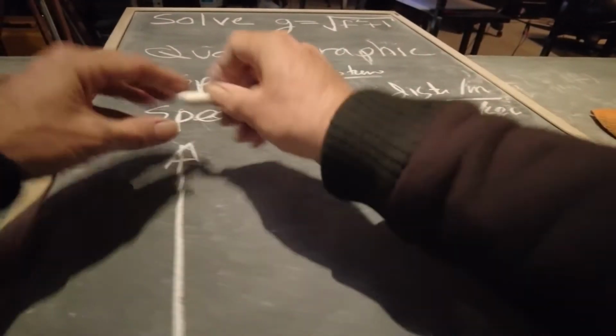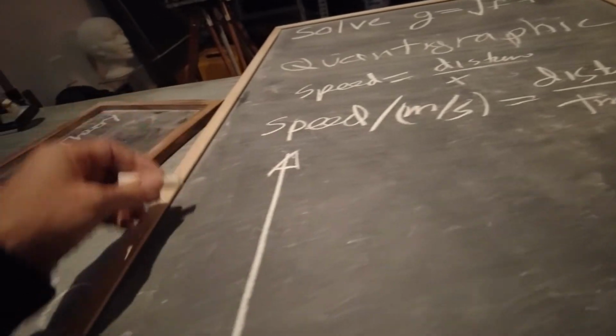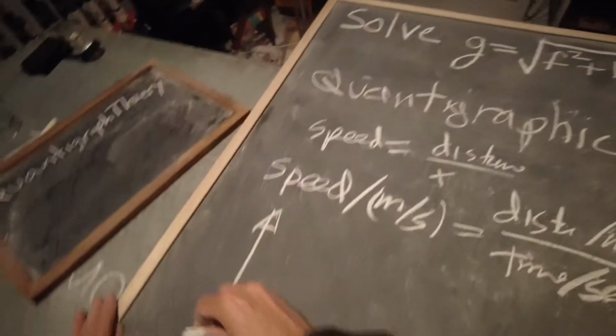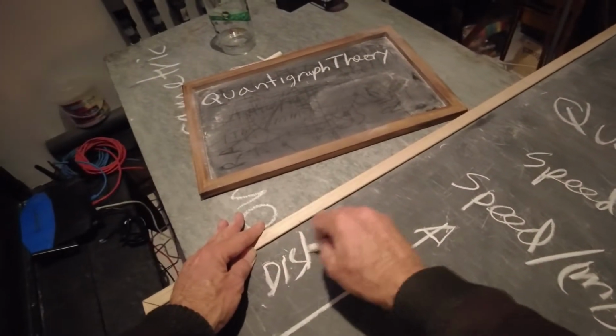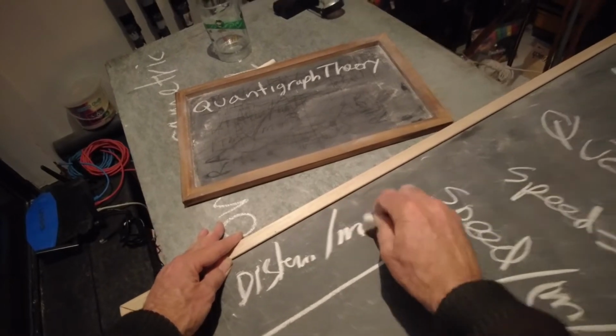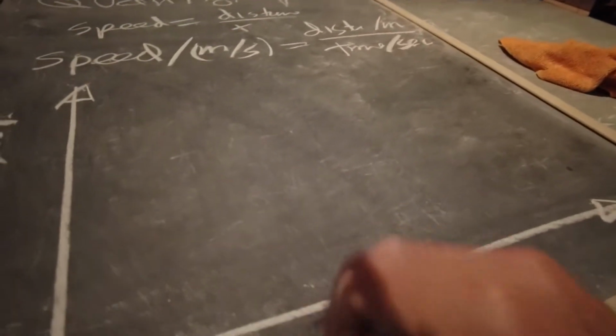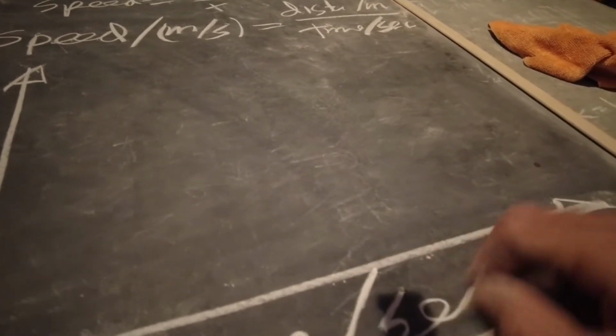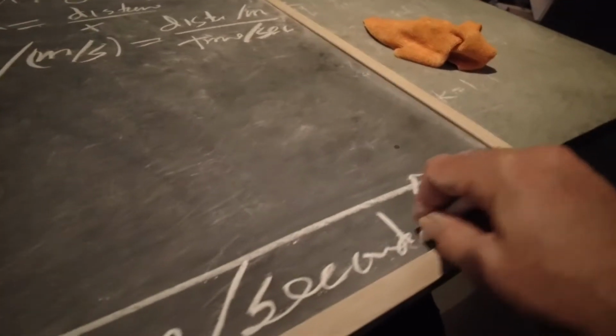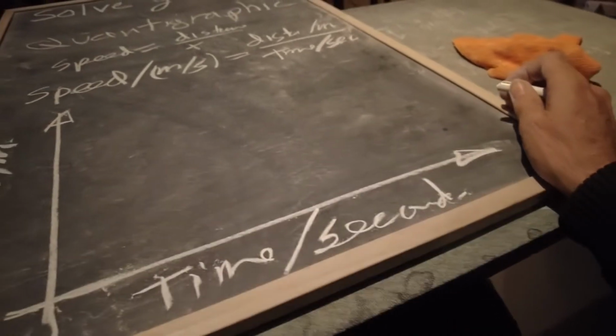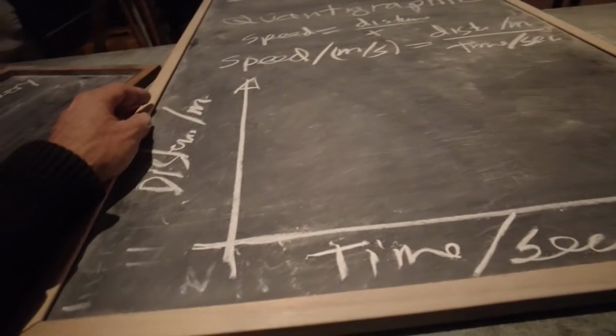Say this is distance, and let's write this here as distance per meter. And if we write over here time per second, then we write those out: distance per meter divided by time per second.